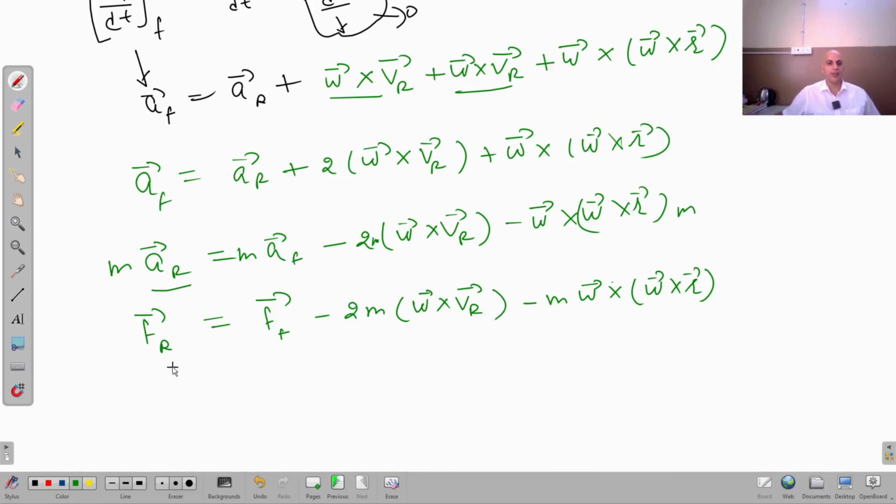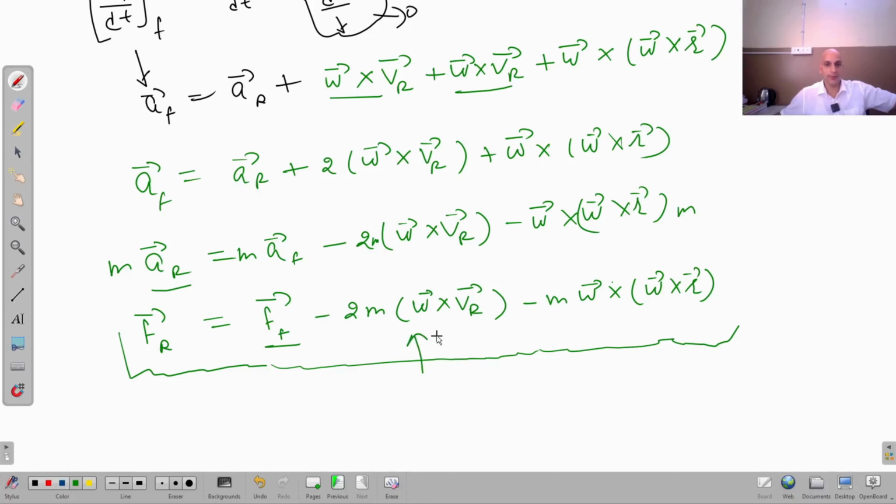So this is the expression that I got when I multiplied it by m, and now this expression is actually representing the force. You can see here that the force acting on the body in the rotating frame is different from the force acting on the body in a fixed frame. We have two terms here, the first term and the second term: minus 2m omega cross Vr and minus m omega cross R, right?